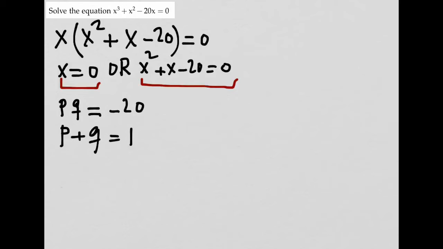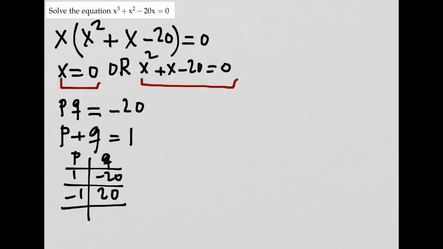Now, if we go through the factors of minus 20, we see that 1 and negative 20 doesn't work. Minus 1 and 20 doesn't work. 2 and negative 10 doesn't work.